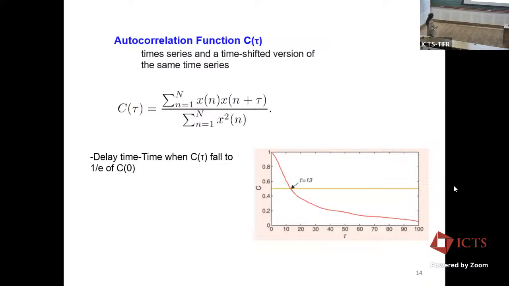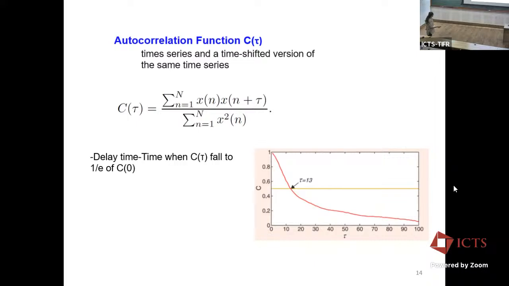Now, one way, because we don't want to be totally correlated, we don't want to be totally uncorrelated, is that we take the autocorrelation. What do you mean by autocorrelation? It is the correlation between the time series and a time shifted version of the same time series. So time shifted version is, if it is x of n here, it is x of n plus tau. And you vary this tau, and for each value of tau, plot a graph of correlation versus tau.